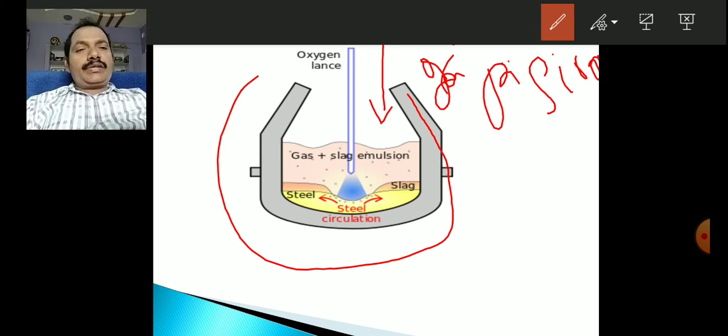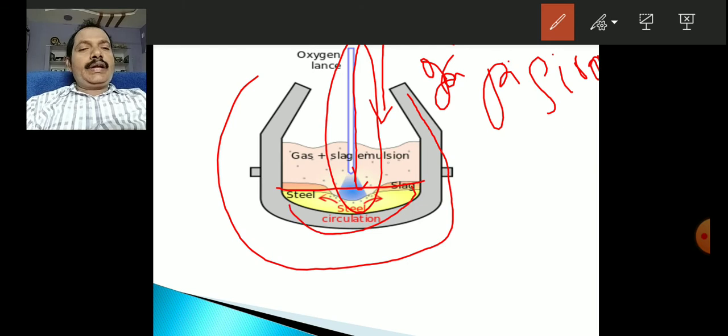So this is the oxygen lancer through which oxygen is supplied at the bottom. What happens is you will find steel is formed here at the bottom, the required steel, and slag is formed in the upper part, and finally gases will be released.